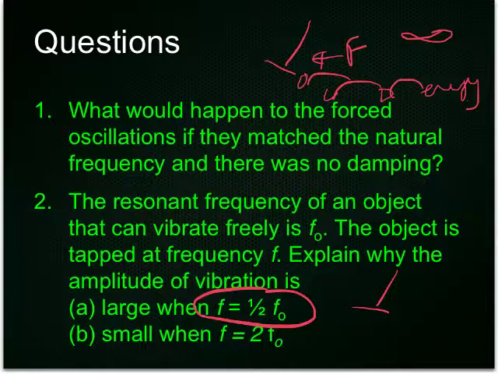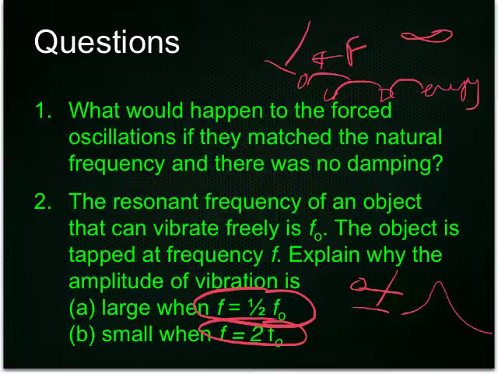If you started pushing it at twice the natural frequency, then you start pushing it when the swing's coming towards you, so you start pushing it out of time, and that makes it worse. So that's referring to the resonant graphs, which look like that. So double the frequency is worse than being half the frequency.